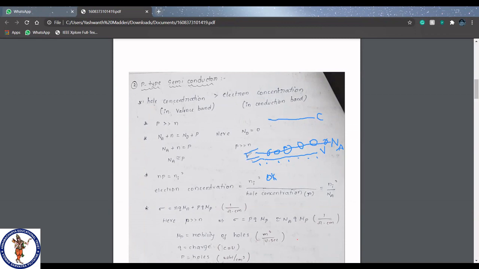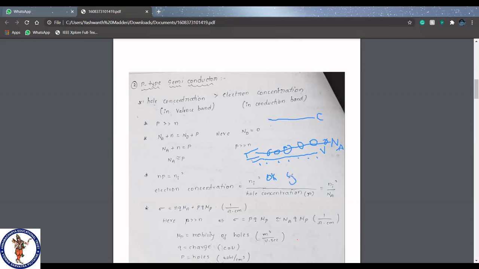Without energy, the electron cannot move, and that is the case at 0 kelvin.